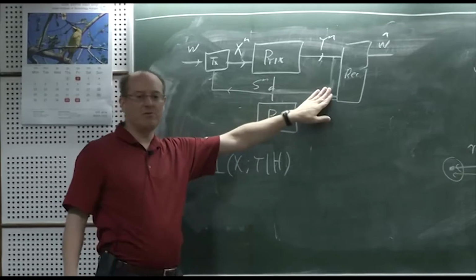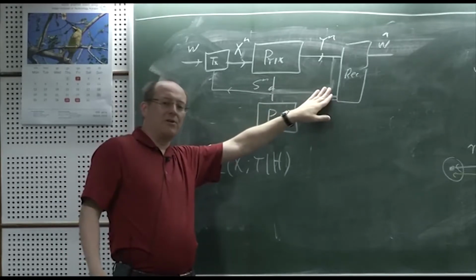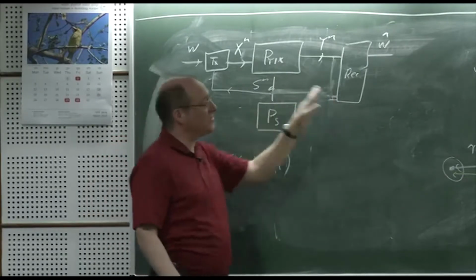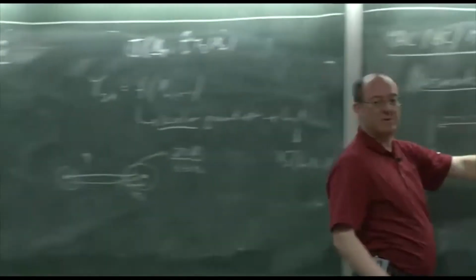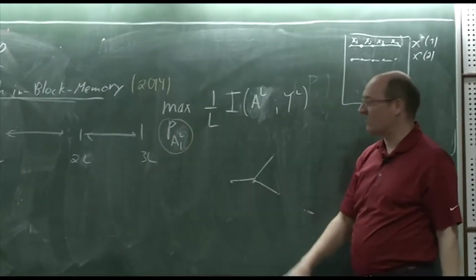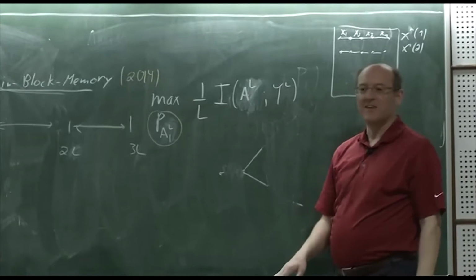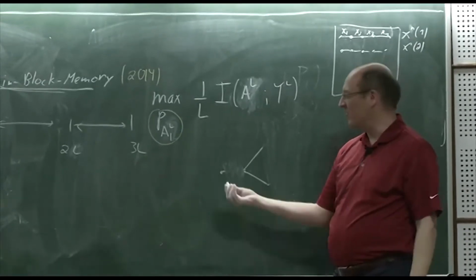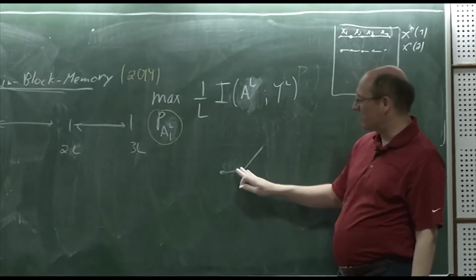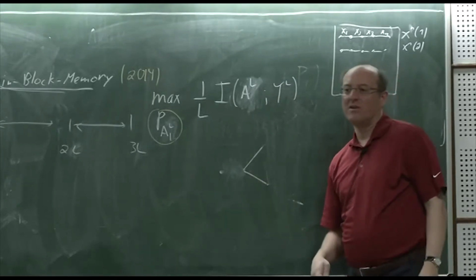In this case it is the Gelfand-Pinsker problem, with non-causal knowledge. If it's causal, then it's Shannon's theory. And in Shannon's theory, you see these trees appearing again. The only difference is that the trees look like this, and then you don't use the first piece. That's called Shannon's strategy. Shannon's strategy is this tree without the first piece.